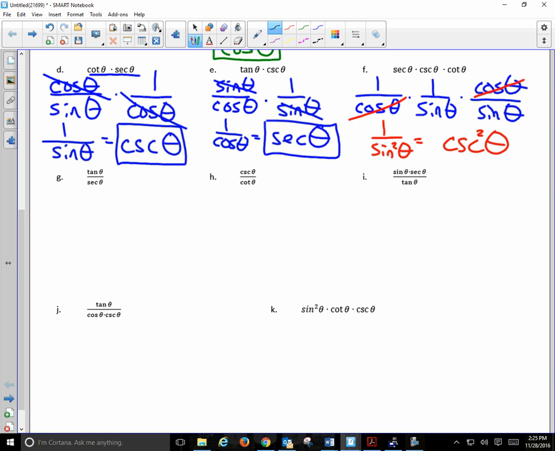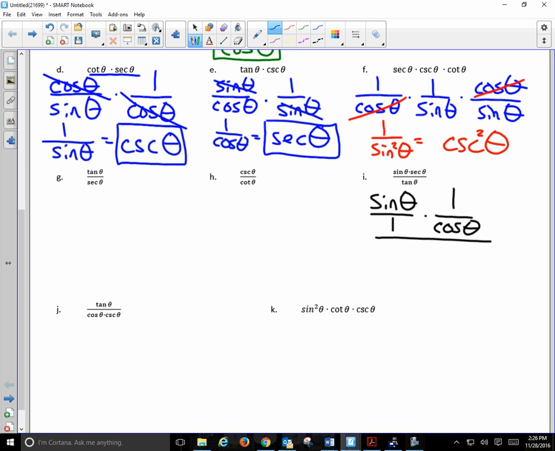Letter I, sine of theta over 1 times, how do you rewrite secant? Over cosine. So I always want to write it this way. A lot of people are tempted to do that.